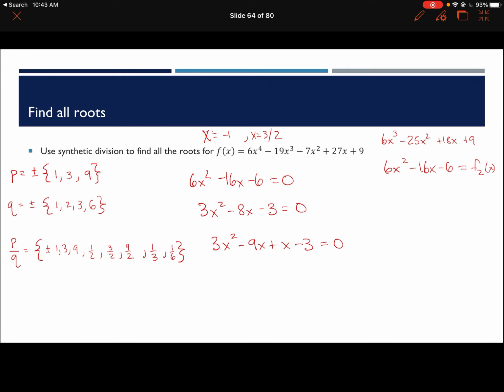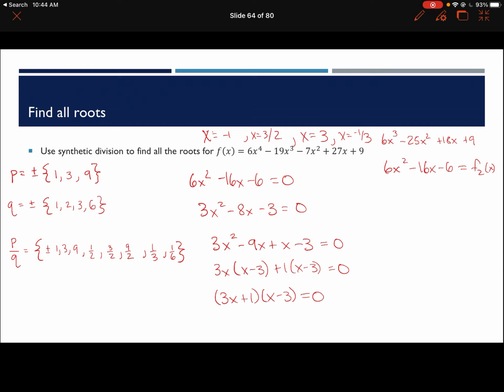You can factor 3x out of the first term, so you get 3x times x minus 3. Then you can factor out a 1, and that equals 0. So you factor out x minus 3, so you get 3x plus 1 times x minus 3 equals 0. So your other two solutions are x equals 3 and x equals -1/3.